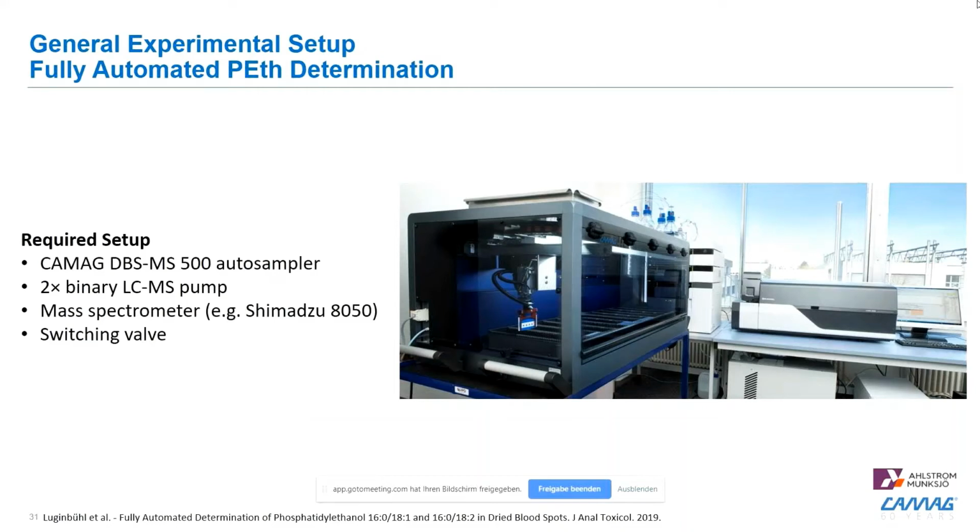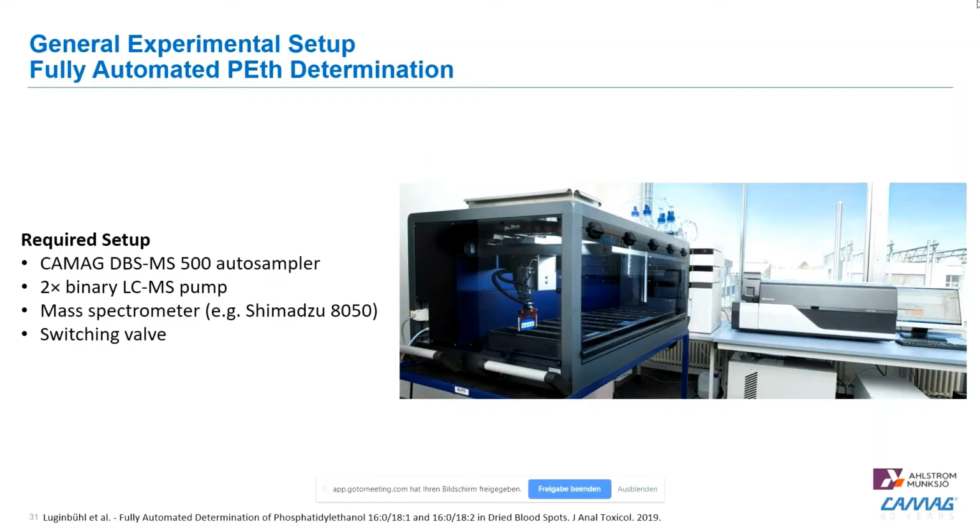With this, I would now like to go on and show you how we actually perform the fully automated determination of phosphatidylethanol with our system. In order to do that, you need an autosampler for DBS.